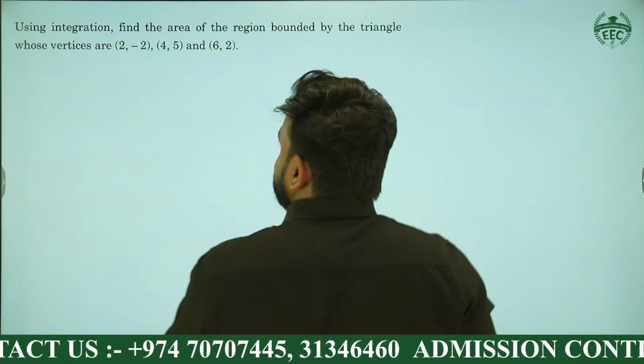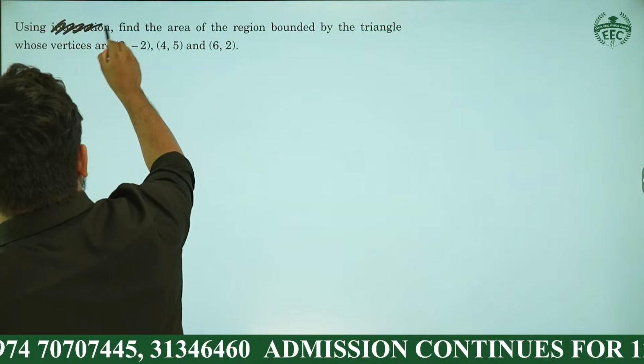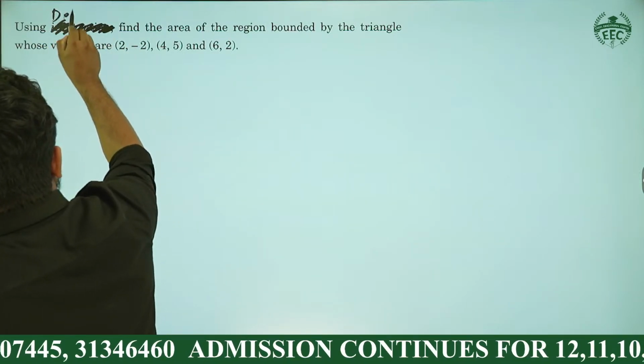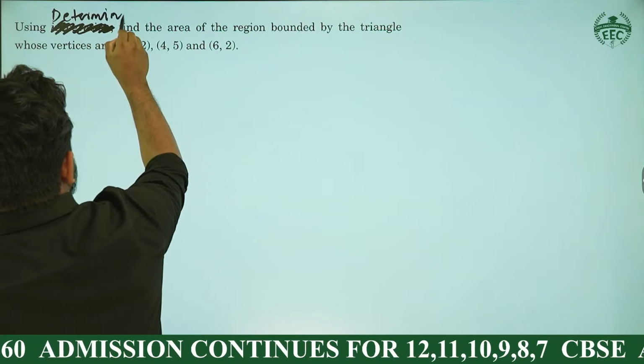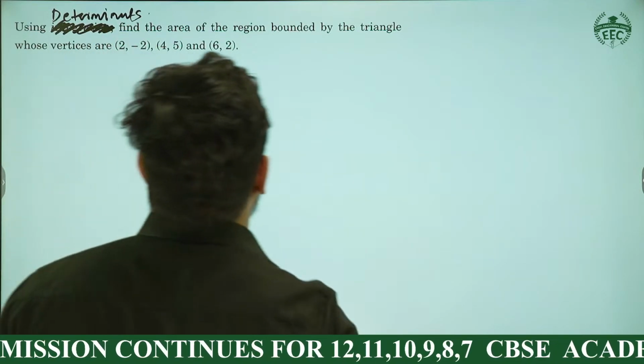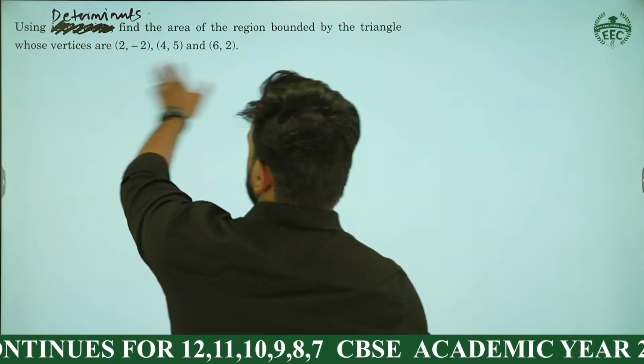The last question. Using determinants, find the area of the region bounded by the triangle whose vertices are these.